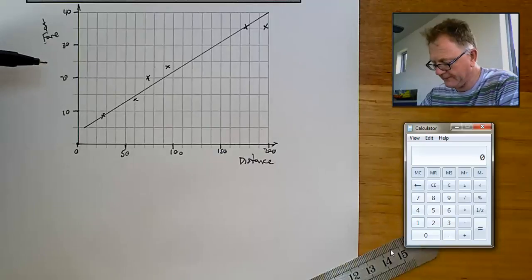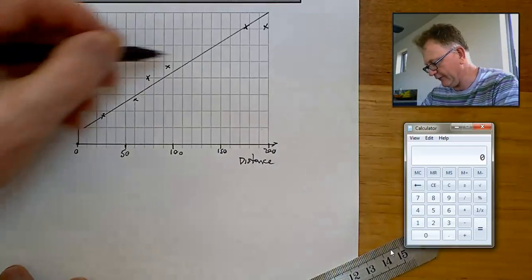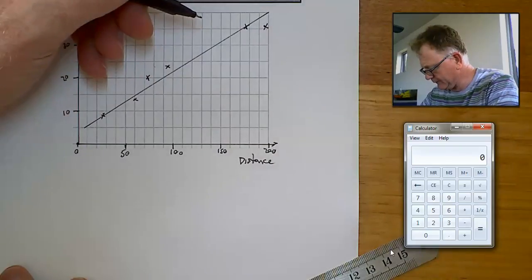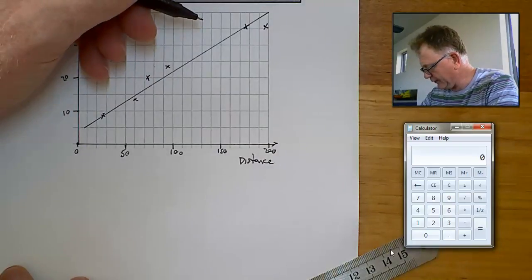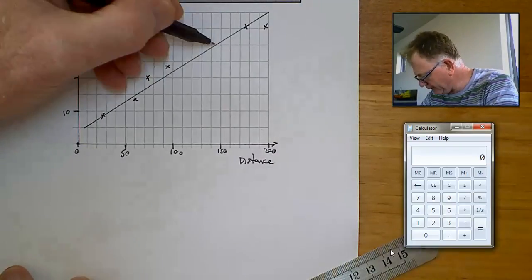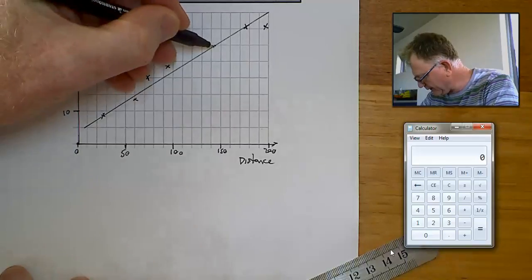Now, the next step is to find 2 points that are on that line. Again, they need not be data points. They could just be points that you've taken from the graph. I'm just going to take 2 points that seem to be on the graph. I'm going to take a point here, try and keep them a distance apart.